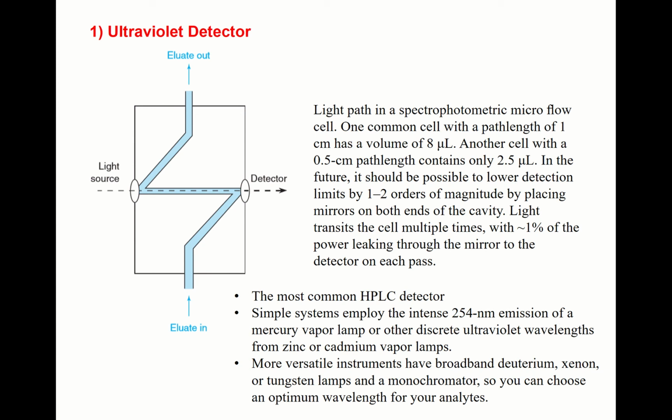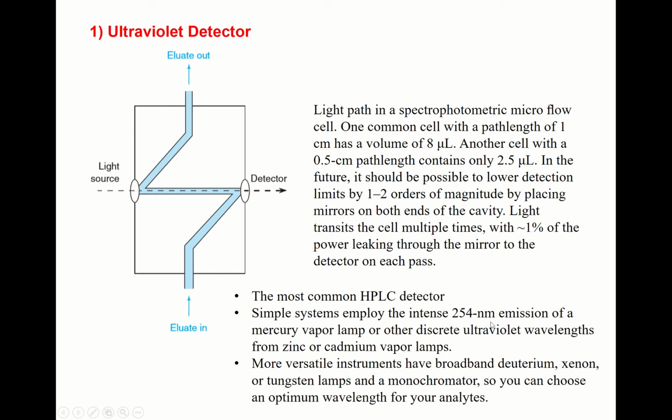You know, organic synthetic chemists use this mercury lamp. Every lab, even in my lab, I have one mercury lamp. That lamp generates this emission, fluorescence, whose wavelength is 254 nanometers.